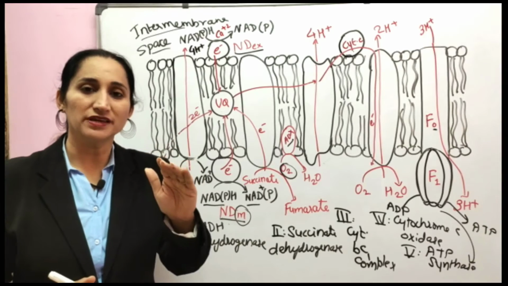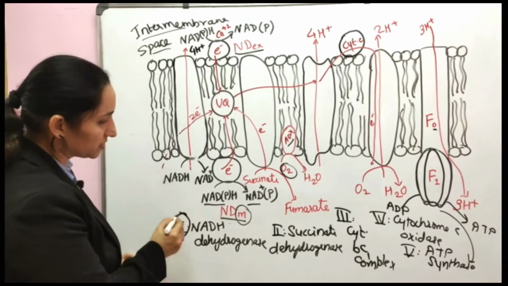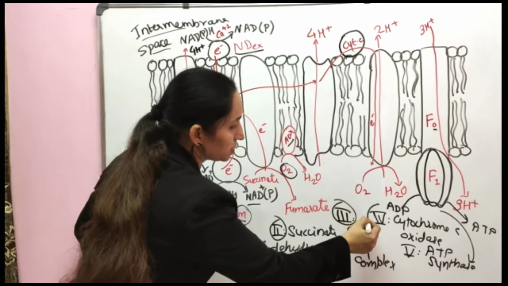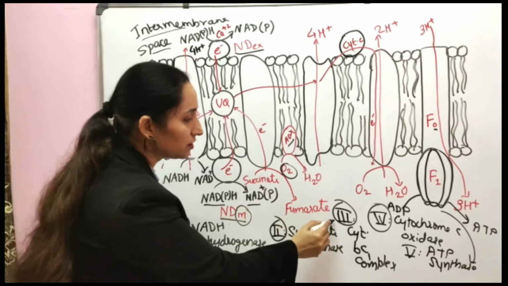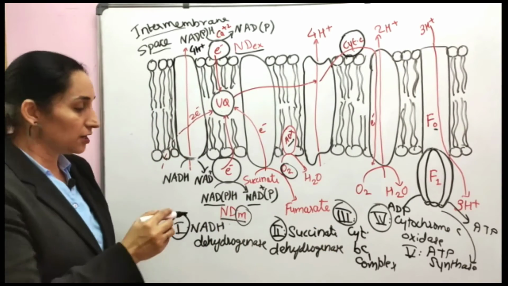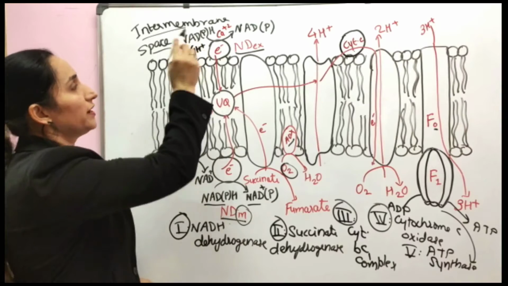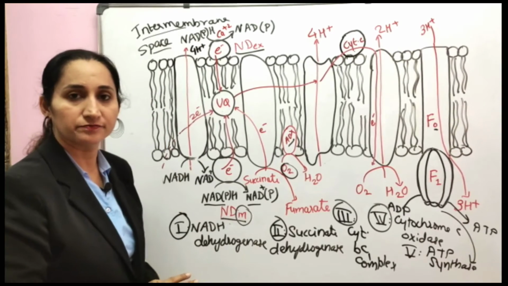These 4 protein complexes are termed by Roman numerals: complex 1, complex 2, complex 3, complex 4. First, third and fourth complex pump protons from the matrix to the intermembrane space, thus creating a proton gradient.